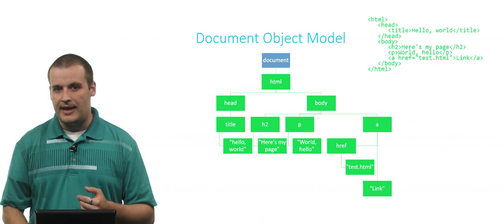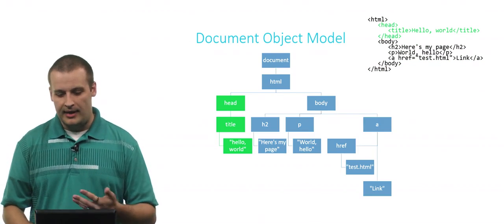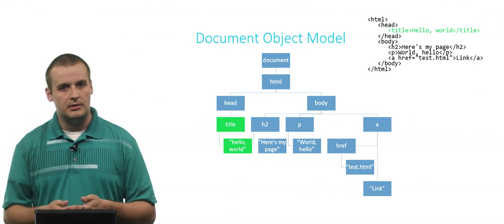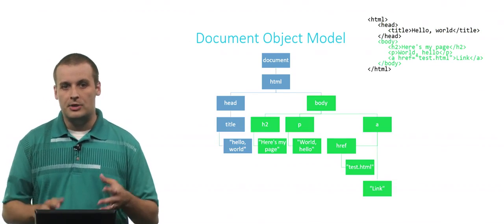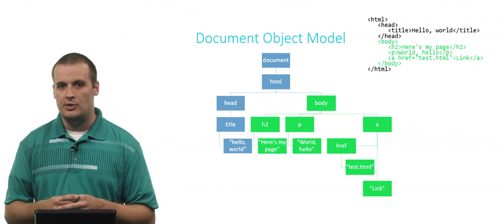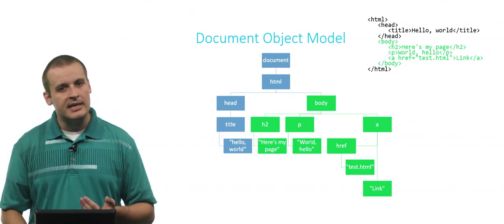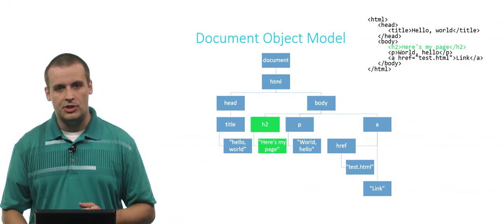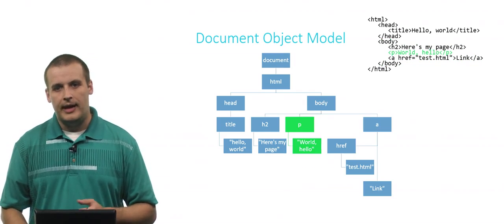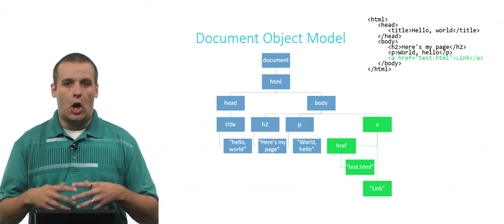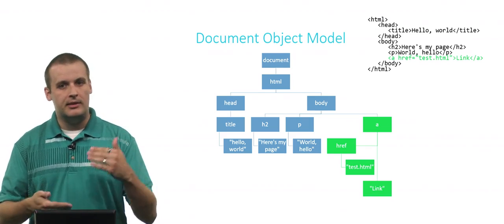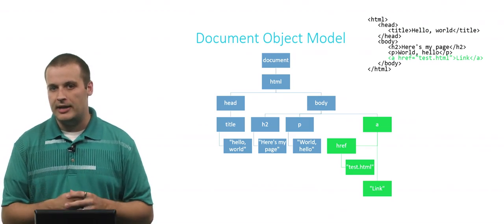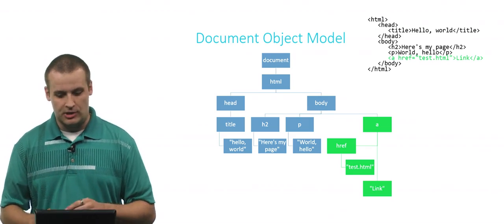We can look specifically at the head, and we see that inside of the head there is a title, and inside of the title there is some text, hello world. We can also look at the body, which is an entirely different segment of the tree, inside of which are each of those three individual pieces, the H2, the P, and the A tag. And all of that can be represented in a tree, which maps, as you can see as I'm highlighting the text in green on the HTML, to a section of our HTML as well.